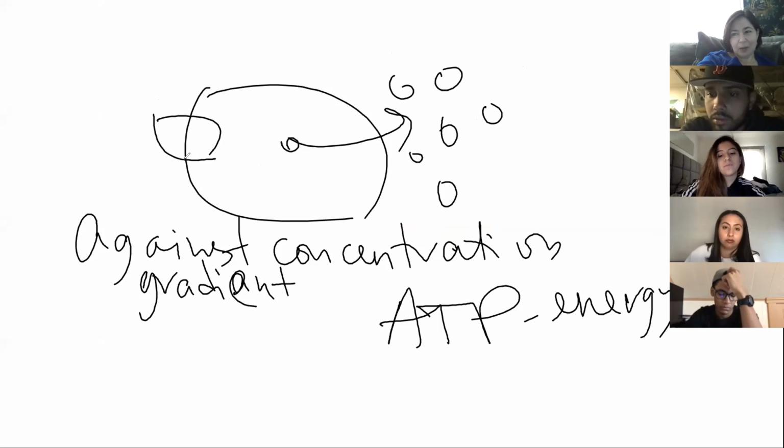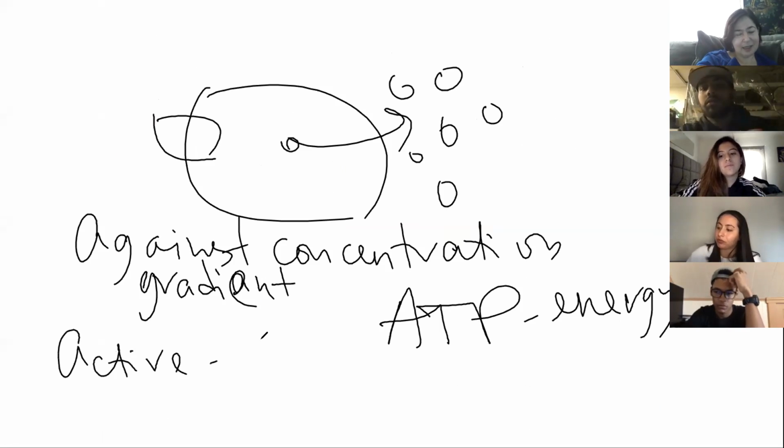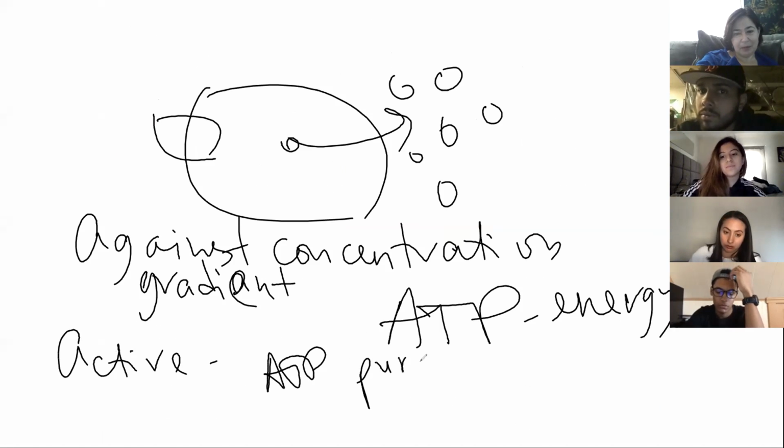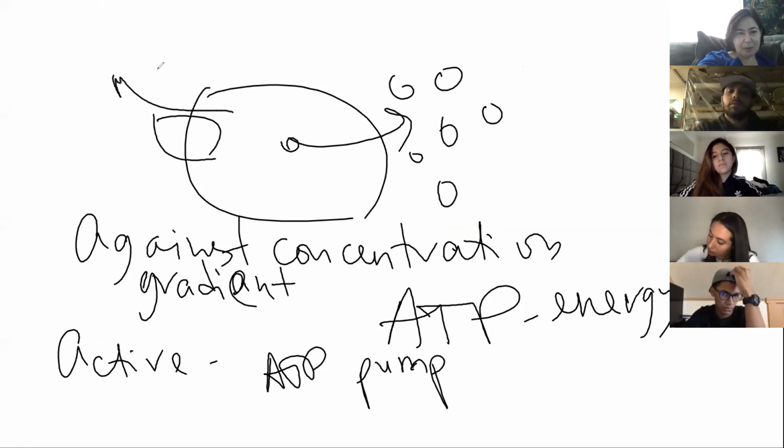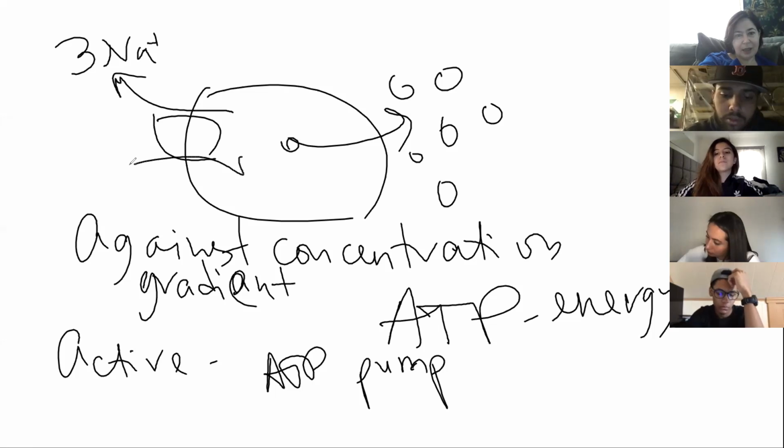So for this, there's something called the pump. A good example is the ATP pump. What is the ATP pump? This pump will spend an ATP molecule to take 3 sodium ions out and bring 2 potassium ions in.